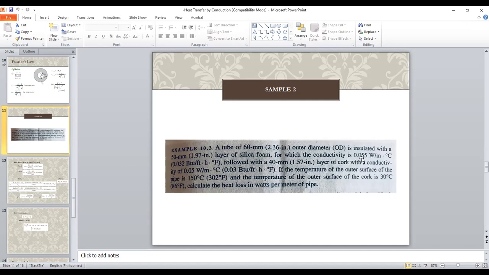So this one is 0.055, this one is 0.05. If the temperature of the outer surface of the pipe is 150 degrees Celsius, and the temperature of the outer surface of the cork is 30 degrees Celsius, calculate the heat loss in watts per meter of pipe. Okay, let me just pause this for now.